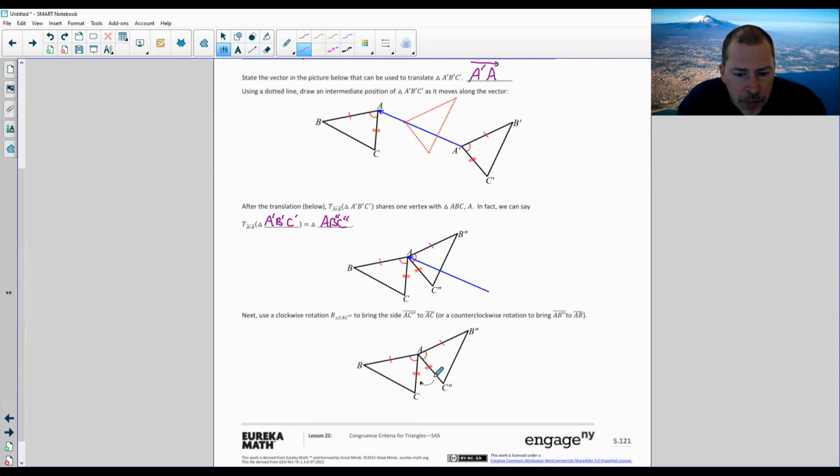So we're just telling people to take this triangle and rotate it this angle distance to bring side AC double prime to side AC. Or we could go counterclockwise in the opposite direction. We could go this way, mapping AB double prime onto AB. All right, but they're showing the first, so let's go with that.